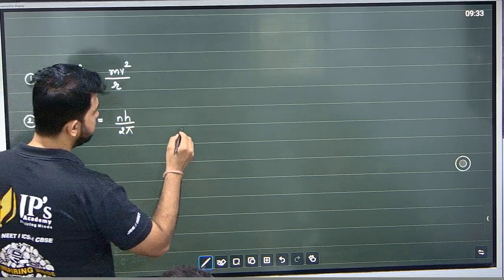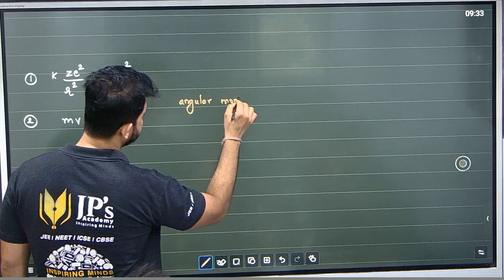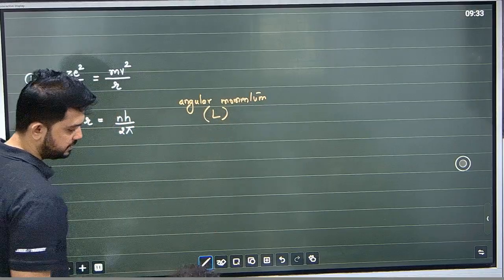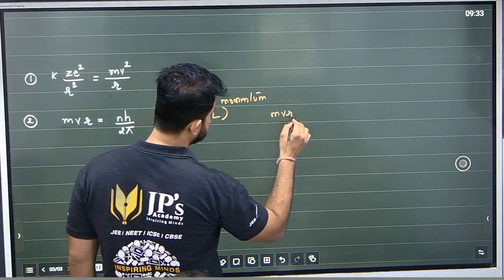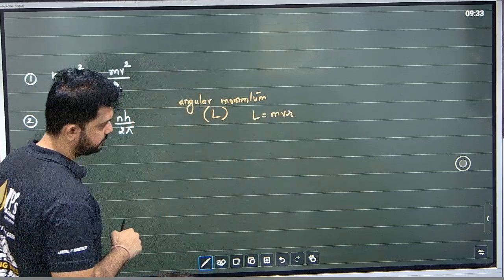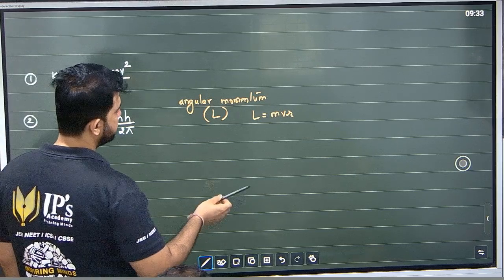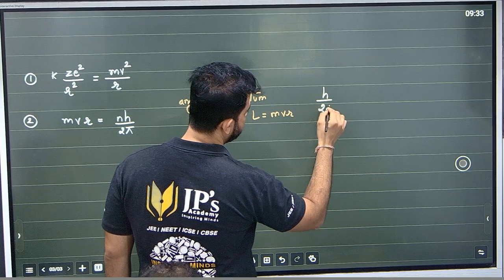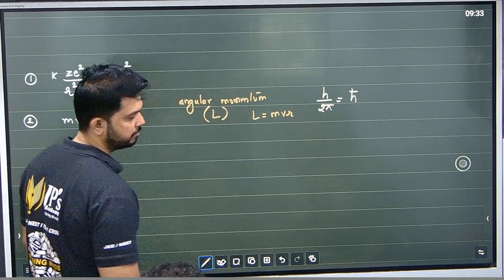जहाँ पे आपने लिखा है ना angular momentum is also represented as L. Please ये लिख के रखना वहाँ पे. So that mvr is actually L. I missed that. Second thing is, side में ऐसे mention करो h upon 2 pi can also be written as h cap.